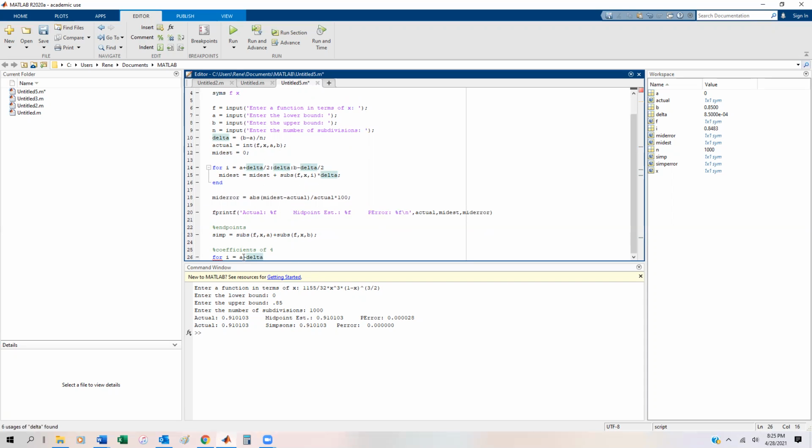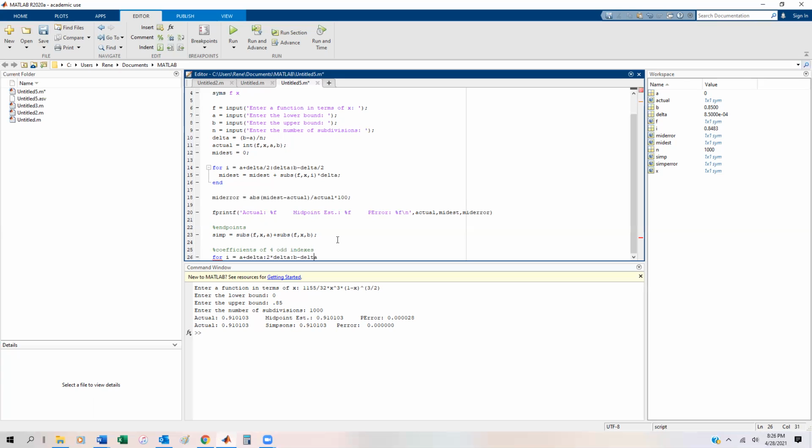So a plus delta is going to give us the next i. Okay, so we're going to say that, and then we're going to say 2 times delta. And then for the last one, this is going to be b minus delta.